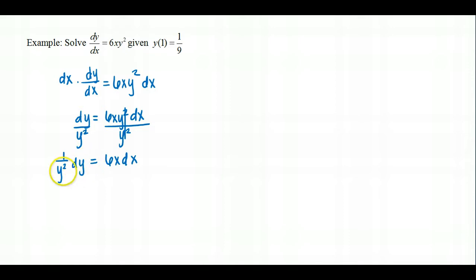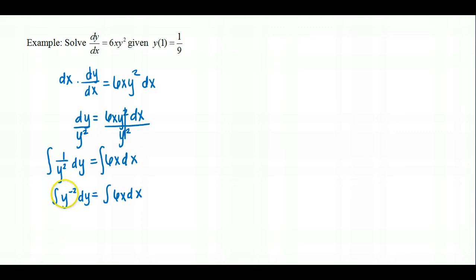Now that we've separated the variables, I have everything to do with y's on one side and everything to do with x's on the other. I can take the antiderivative of both sides. Let's rewrite this as the integral of y to the negative 2, so I can use the power rule, equals the antiderivative of 6x dx.